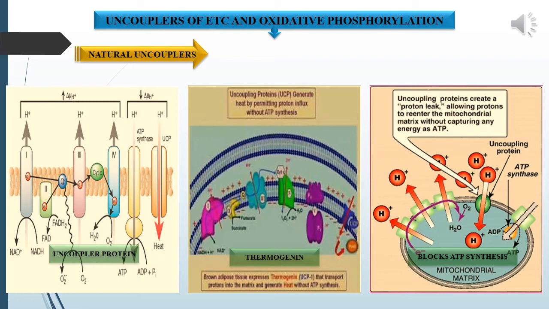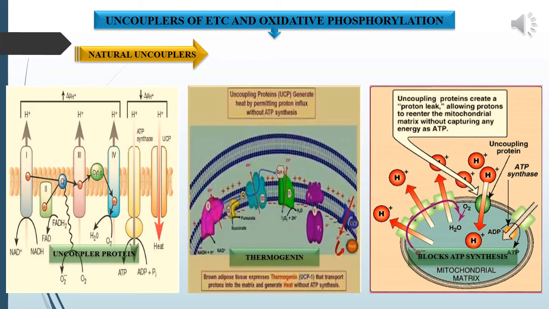Naturally, the uncoupler is present along with the electron transport chain in the mitochondrial inner membrane. That is UCP, uncoupler protein, also called thermogenin. What is the role of thermogenin? It creates heat. Thermo means heat, genin means generating, generating heat inside the mitochondrial matrix.